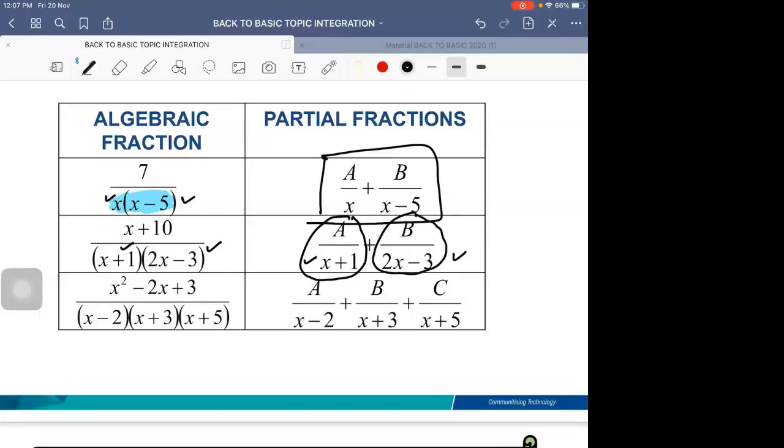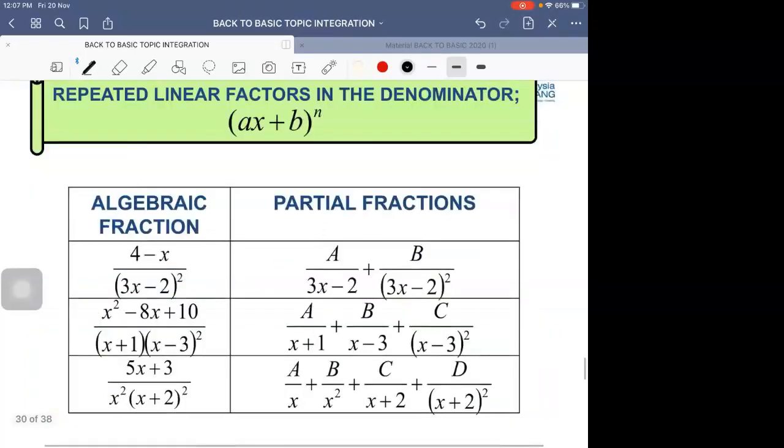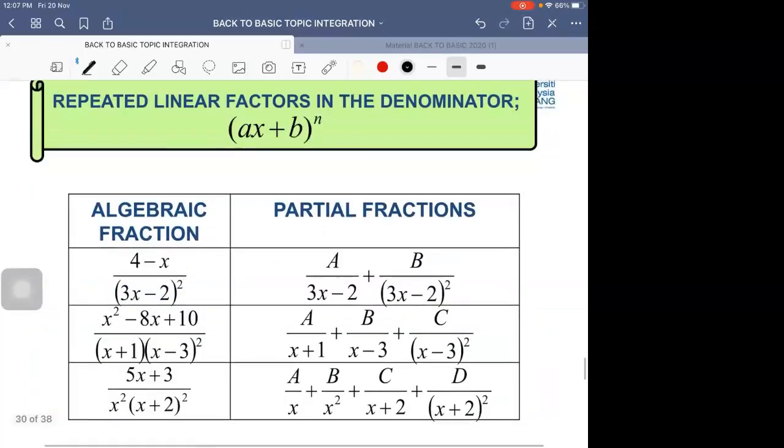If here you have three linear factors, x minus 2, x plus 3, x plus 5, you must have three terms in your partial fraction. Partial fraction: when we want to represent, we must have fraction, fraction, fraction, belonging to each of these linear factors here. All right, so this is the general form if you have repeated linear factor.